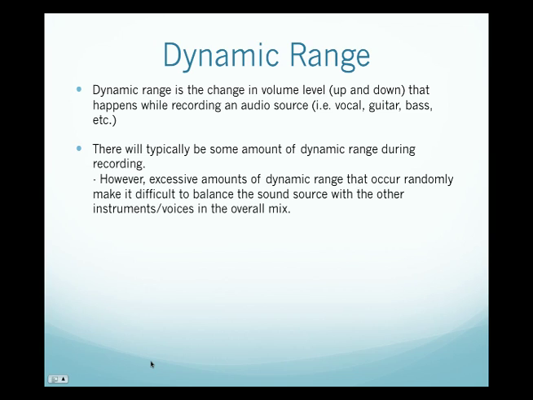There's typically going to be some amount of dynamic range during the recording, but excessive amounts of dynamic range that occur randomly make it difficult to balance the sound source with the other instruments or voices in the overall mix. So we have to be careful that there's not too much of that up and down in volume, or else it's hard to place that sound in the mix so that it'll be consistent over time.